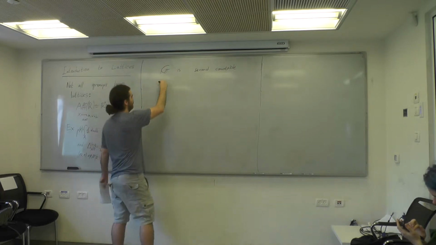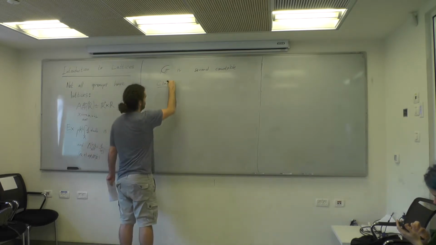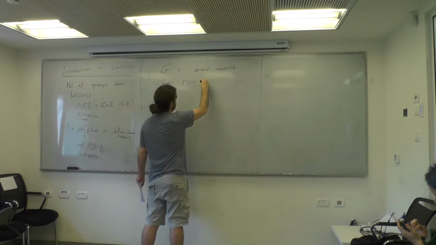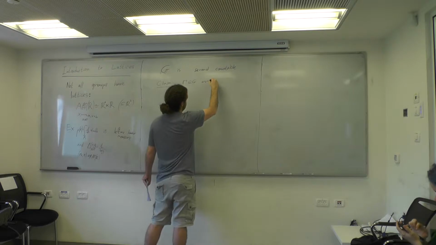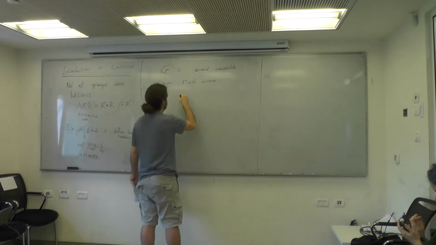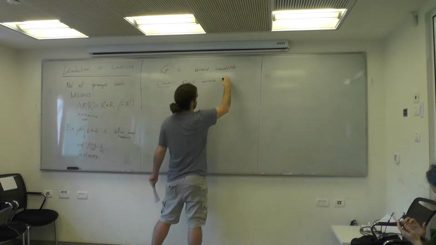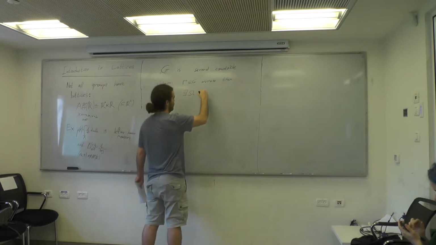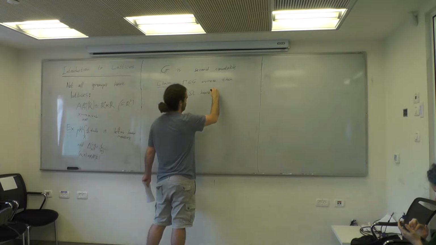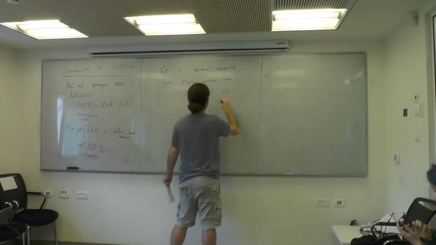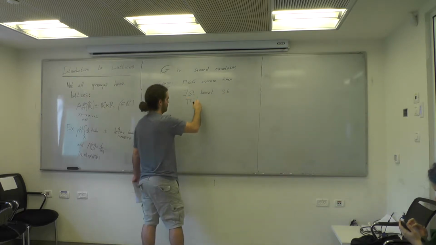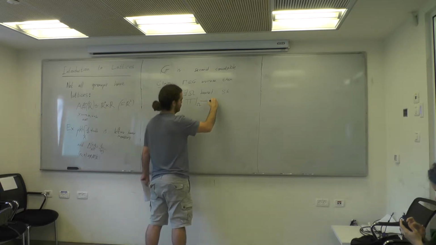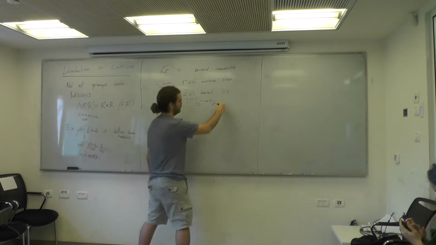So claim: suppose gamma is discrete in G. Then there exists omega in G such that pi restricted to omega to G mod gamma is bijective.